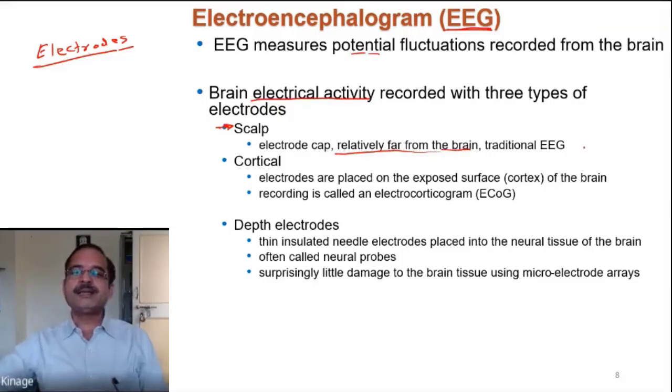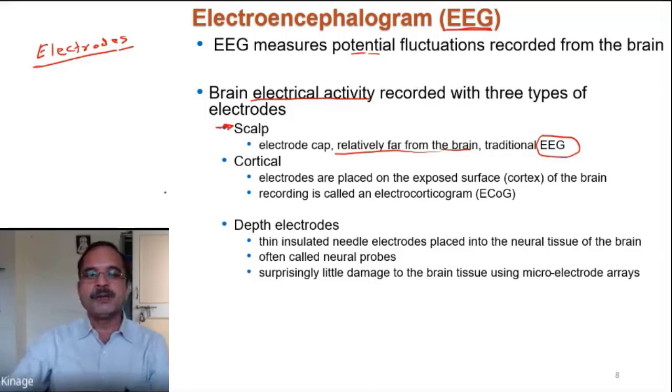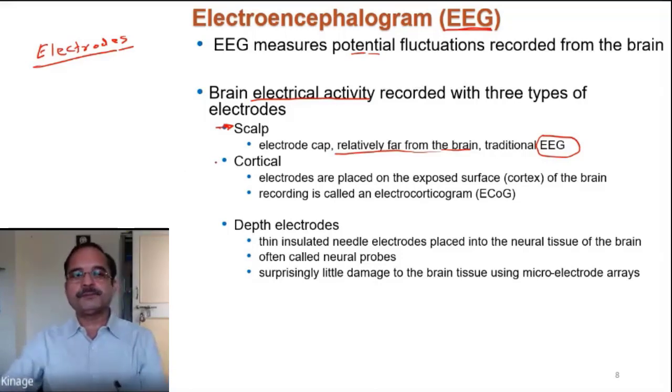That is the traditional, regular EEG that we use. But sometimes other types of electrodes are used which can give you more information, because the scalp measurement is taken from outside, so obviously it is more susceptible to noise.